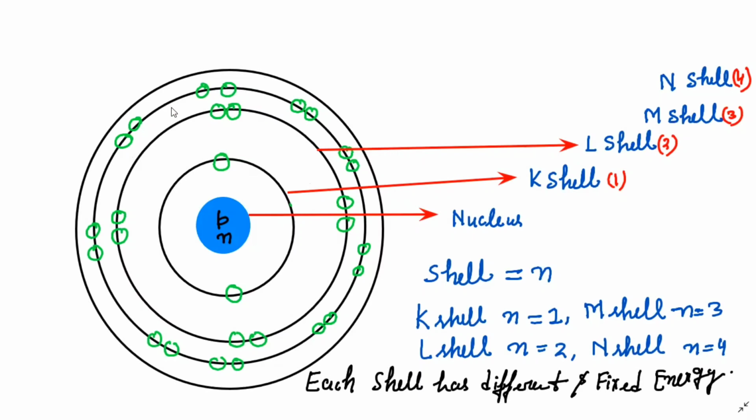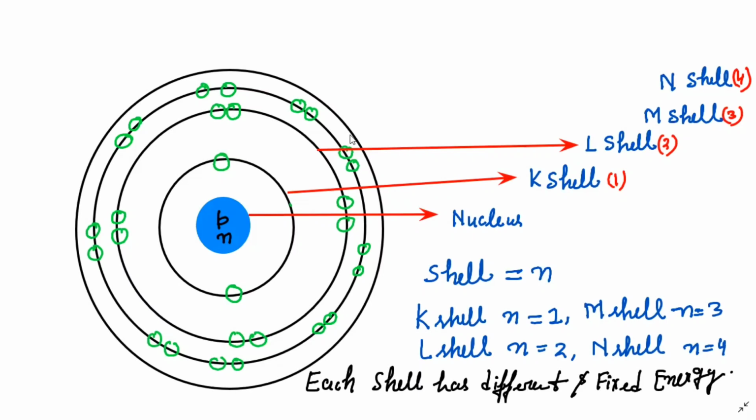It is the same with the M shell. The M shell is a little bigger and has a little more energy, so 18 members can stay in this house, meaning 18 electrons can be in this shell. The last shell is bigger and has more energy, so 32 electrons can be in this shell.